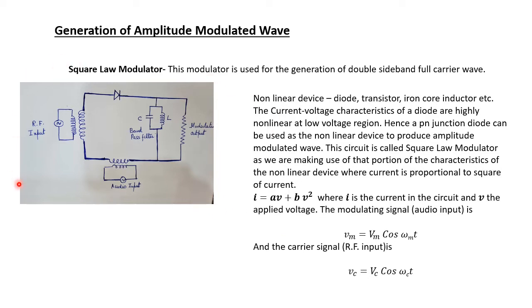So in the figure, the circuit of a square law modulator is shown. We have used the PN junction diode, and in the circuit we are applying the RF input voltage, which is the carrier signal, and there is audio input, which is the modulating signal.